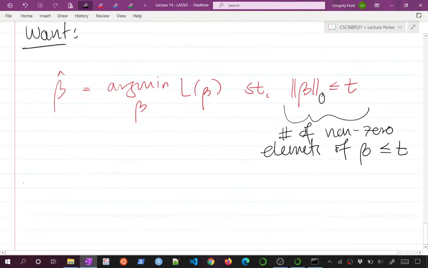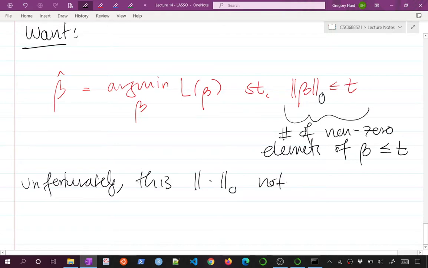Unfortunately, this 0 norm is not convex, and this is an intractable problem.